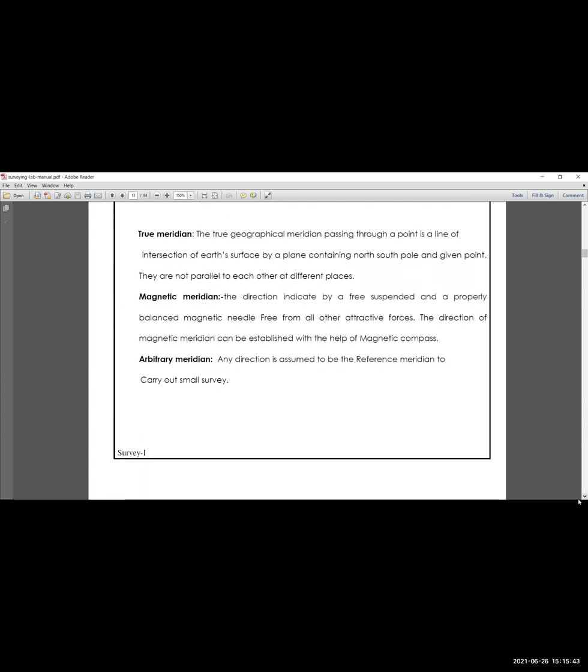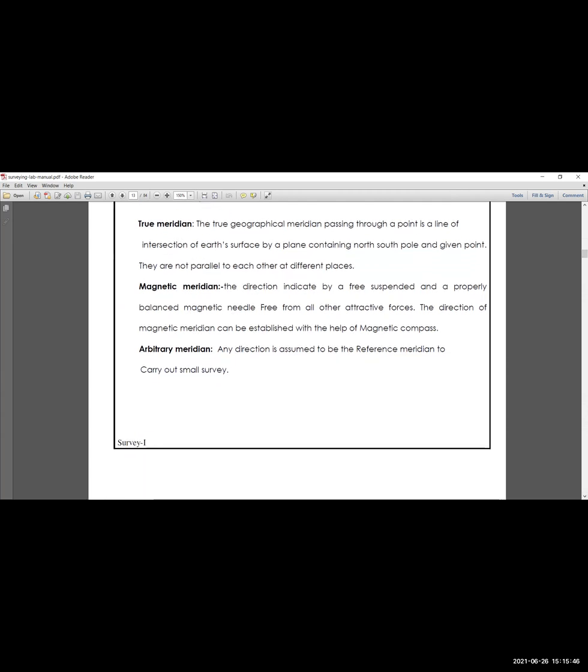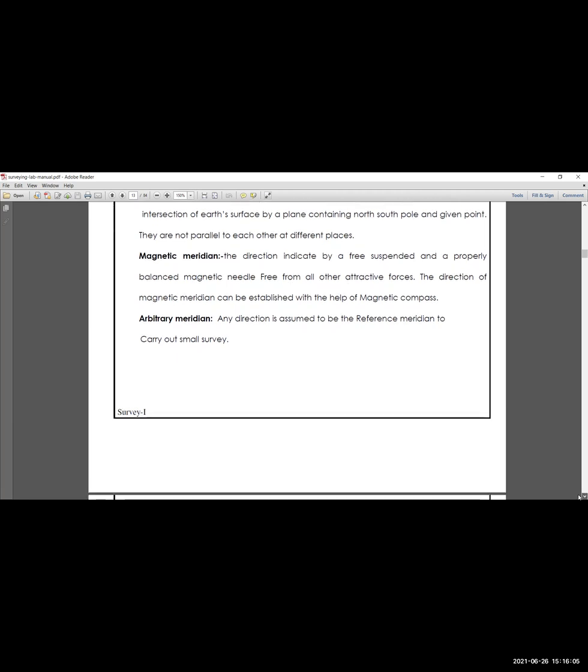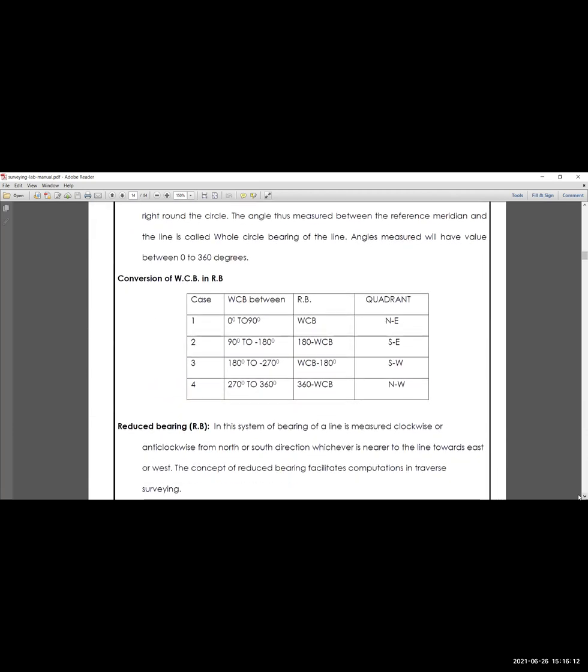Meridian is similar to a reference line. The true meridian is the true geographical meridian passing through a point, a line of intersection of the Earth's surface by a plane containing the north and south poles and the given point. They are not parallel to each other.